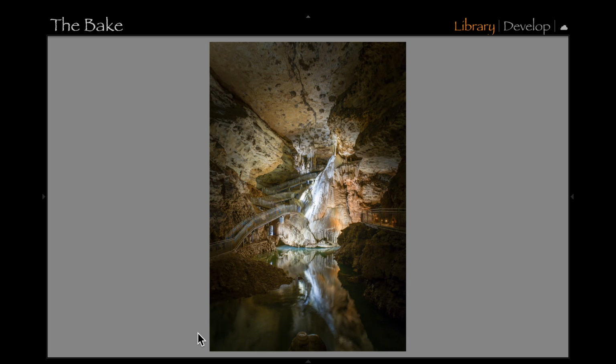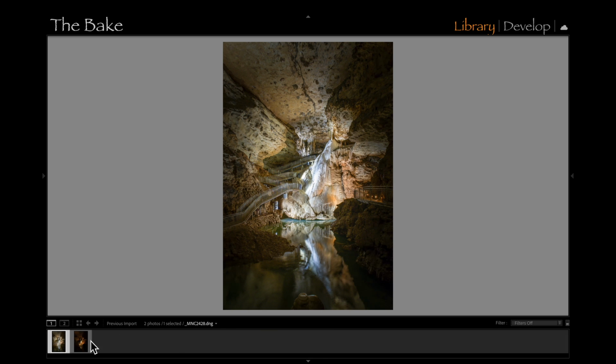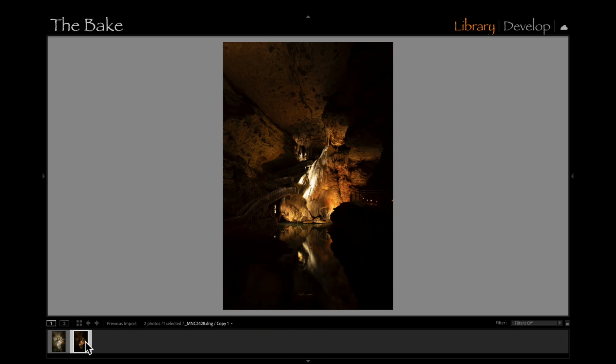So here we are in Lightroom and we're in the bake part of it. This is the image that I'm going to edit for you today. Let me show you the original photo. This was the original. Now it looks dark. I use a technique when I'm exposing called exposure to the right, or ETTR for short.